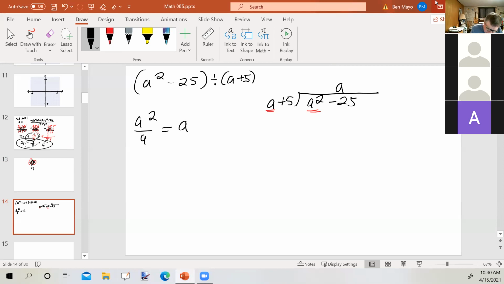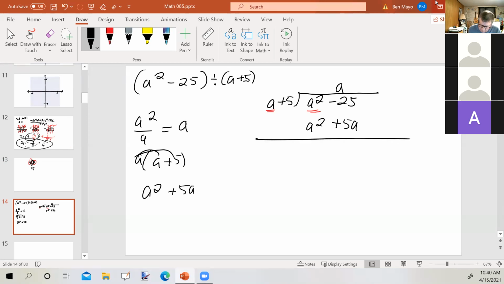Then we take that times what's outside, distribute, I get a squared plus 5a, and I write that up here. Then I'm going to subtract that from what's up above and change it to addition of the opposite. A squared plus negative a squared is 0. There's a problem.